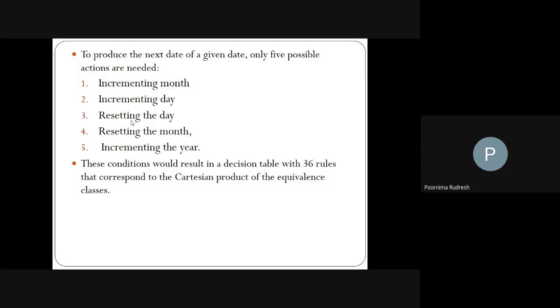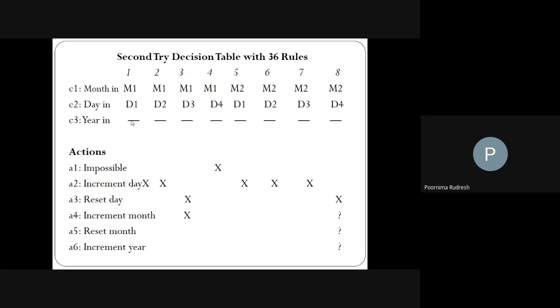So it will compute the next day. When it computes and displays the next day, the month is incremented by 1, the day is incremented, as well as the year is incremented by 1. So this is the case. So these are the possible actions that we need to know.